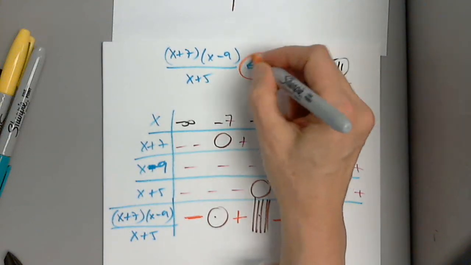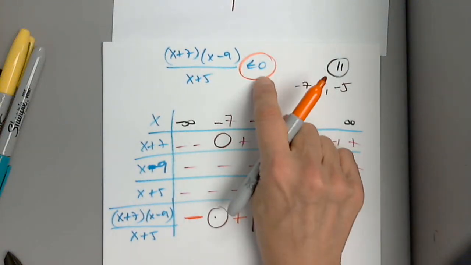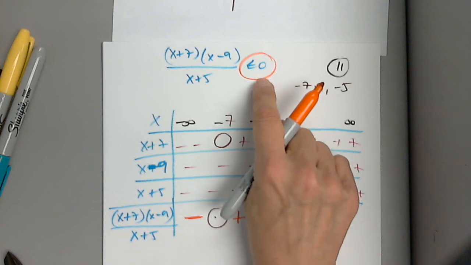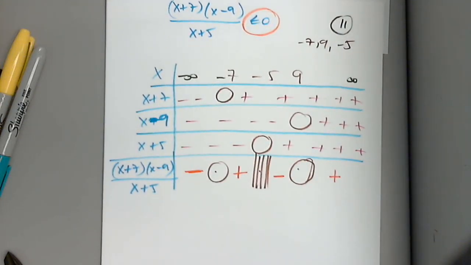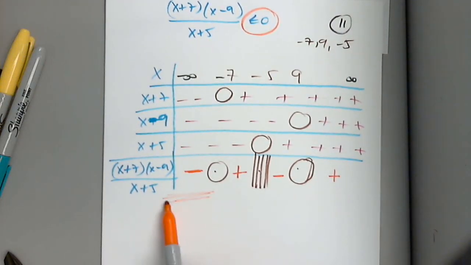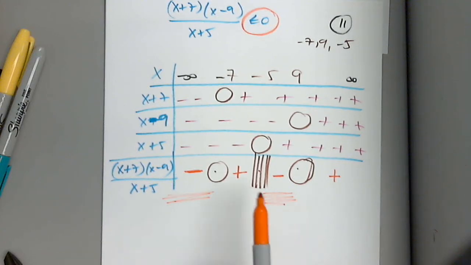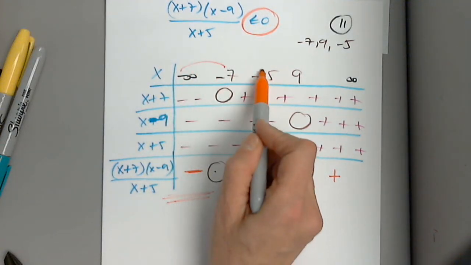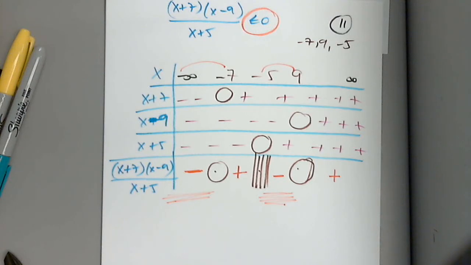Now, the final answer depends on this. This tells me which sign I pick. I pick negative, which is this here and this here. So I have to pick the corresponding x values that make the product negative.